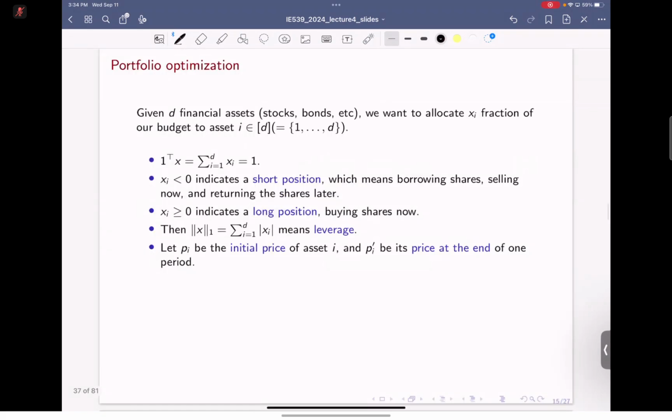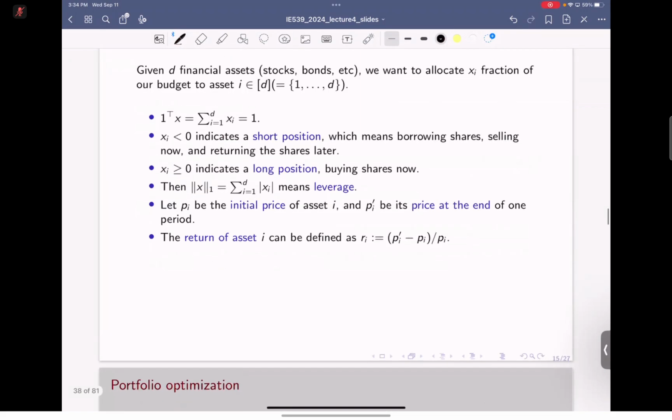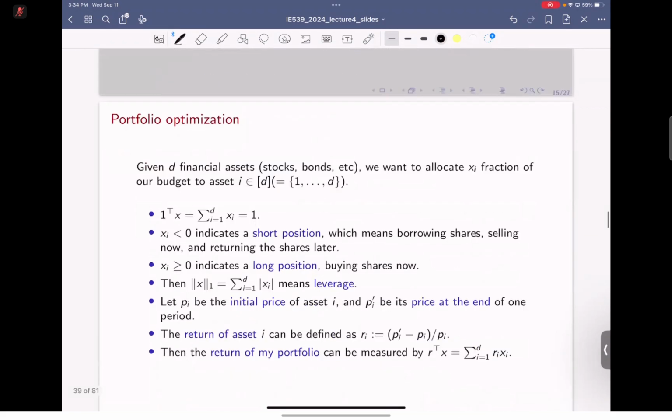Now, P_i is the initial price of your asset class i, and P_i prime is the final price. My return value is measured by the fraction of increase for that asset class. So this is the change divided by the initial price. And here R_i is a random variable.